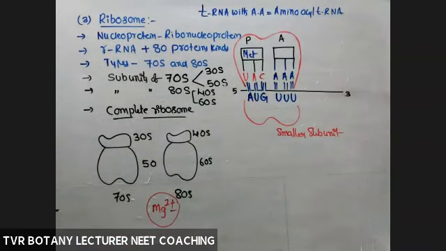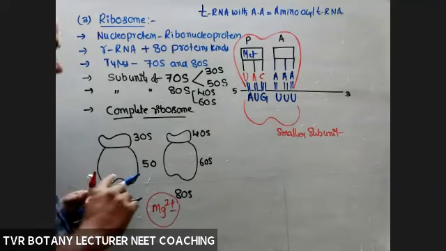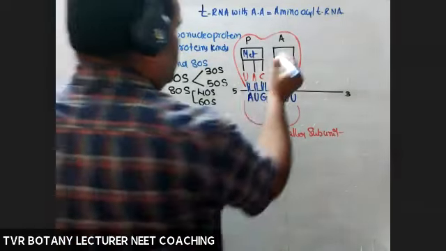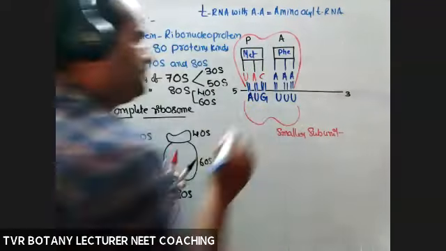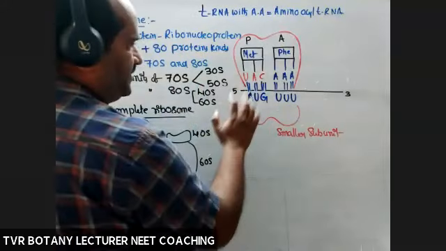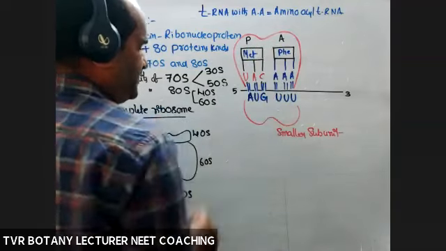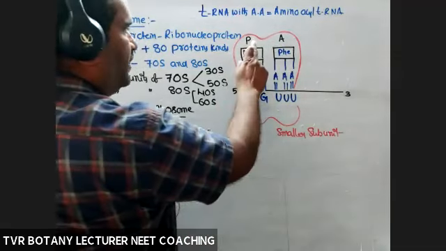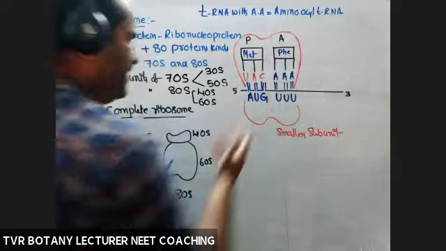So anticodons are complementary to codons present on the mRNA molecule. So this one is phenylalanine. Now, once these two amino acyl tRNAs are side by side within the A and P sites, a peptide bond will be established between methionine and phenylalanine or some other two amino acids.